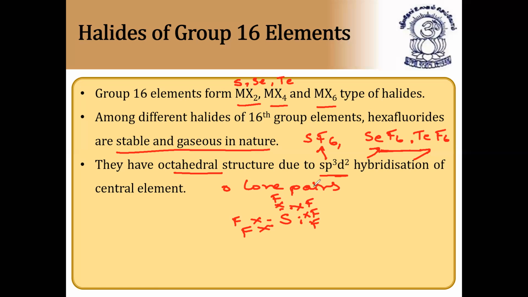That's why the shape is octahedral. So they do not have lone pairs of electrons. Let us see now, this is an SF6 molecule. It is octahedral in shape.